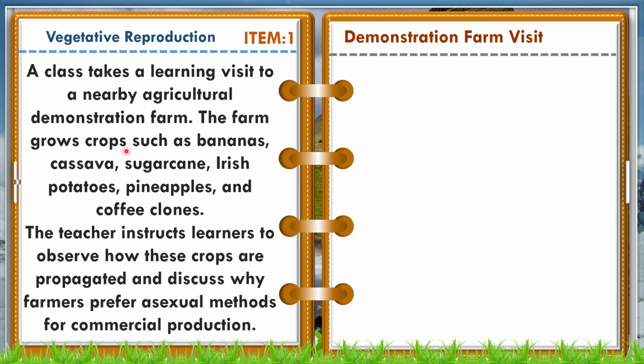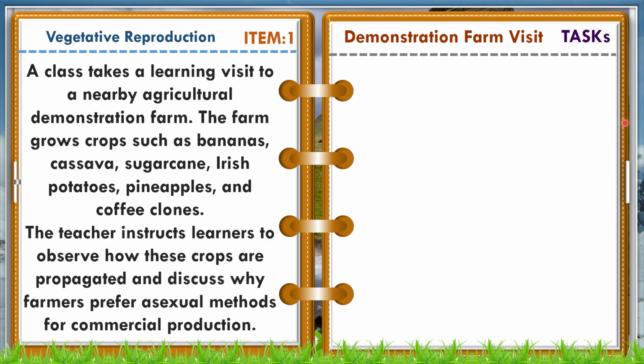The farm grows crops such as banana, cassava, sugarcane, Irish potatoes, pineapples, and coffee. The teacher instructs learners to observe how these crops are propagated and discuss why farmers prefer asexual methods for commercial production.